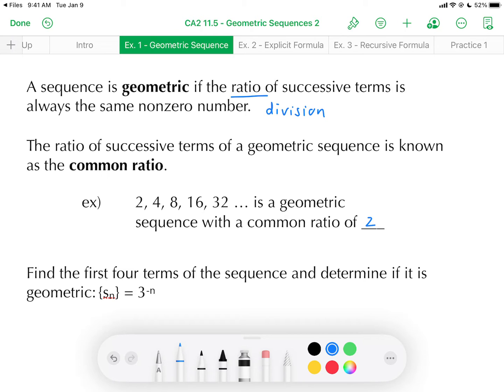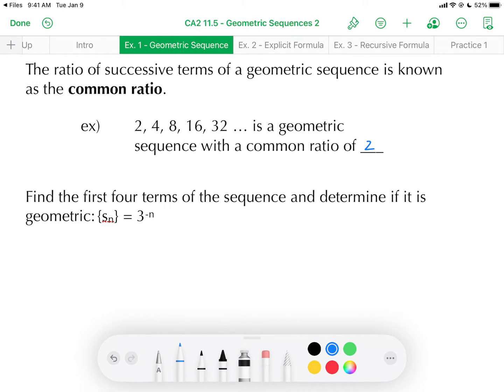Okay, find the first 4 terms of the sequence below and determine if it is geometric. Okay, so S sub 1 would represent the first term. That would be 3 to the power of negative 1, which is 1/3. S sub 2 would be 3 to the negative second power, which is 1/9. S sub 3 would be 3 to the negative third power, or 1/27.